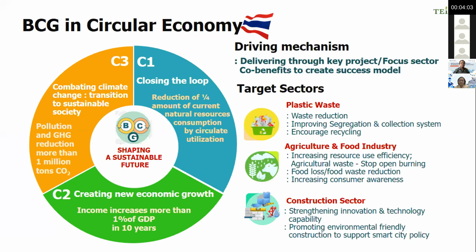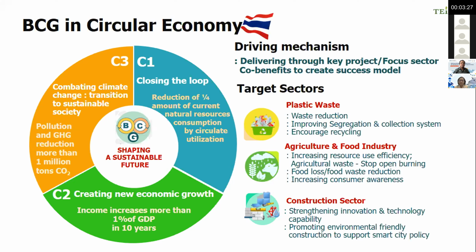The driving mechanism of circular economy in the BCG model, we call the 3 C's approach. C1 is closing the loop, which aims at reducing by one quarter the current amount of natural resources consumption. C2 is creating new economic growth of about 1% GDP increase within 10 years. And C3 is combating climate change and pollution.